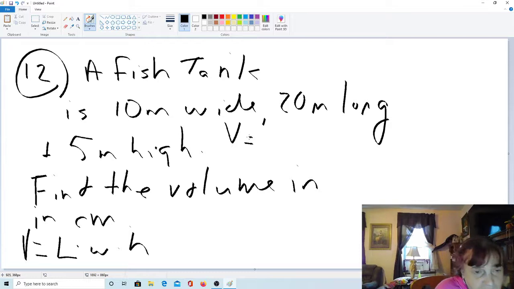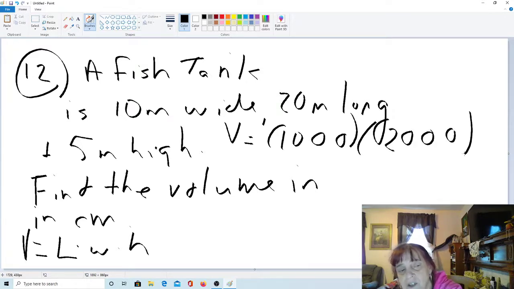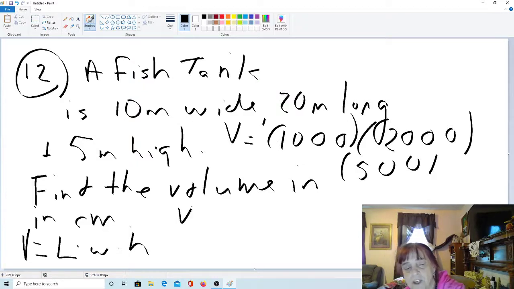Okay, 10 meters to change to centimeters, multiply by 100. So it would be what? 10 times 10 would be 100. Times 10 would be 1,000. And 20 times 100, you add 2 zeros, it would be 2,000. And then 500. So that volume is what? 5 twos are 10.